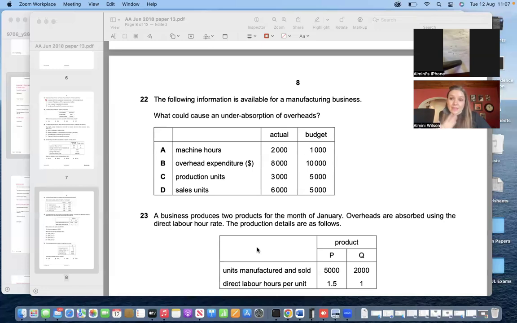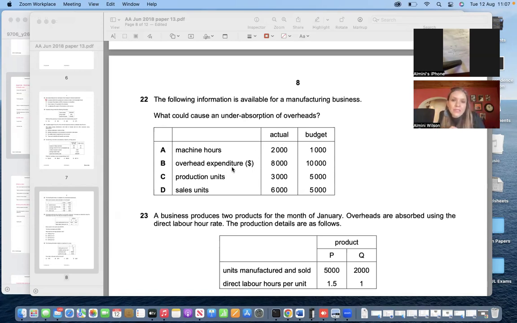Let me just re-explain myself there. If I look at A and the budgeted was less than the actual, that's actually a good thing. That will result in an overabsorption, because inside your machine hours you obviously have an OAR and you're covering it in more hours. So that would result in an overabsorption.